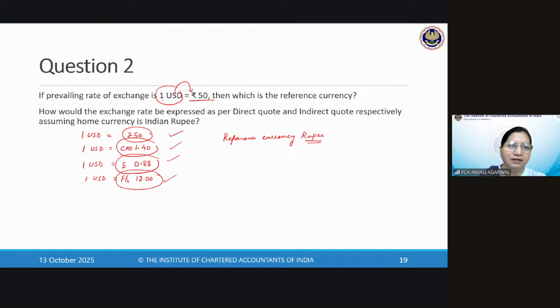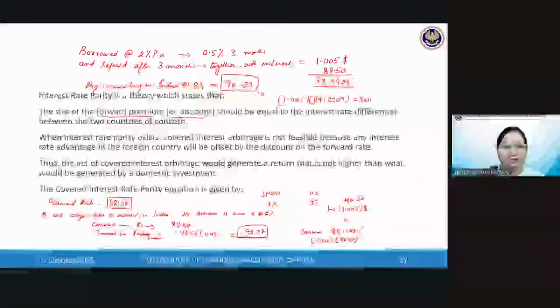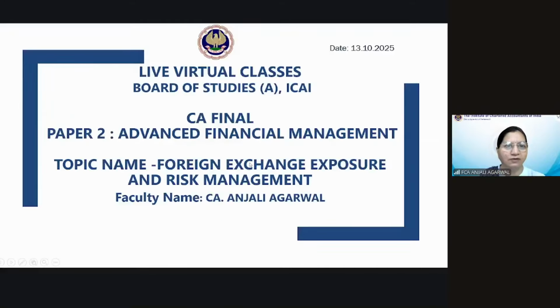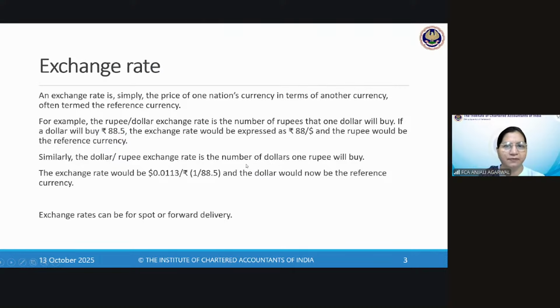So similarly, I think in the very first slide, we talked about reference rate. For example, the rupee dollar exchange rate is the number of rupees that $1 will buy. So if a dollar will buy rupee 88.50, exchange rate will be expressed as rupee 88.50 per dollar, and the rupee would be the reference currency.